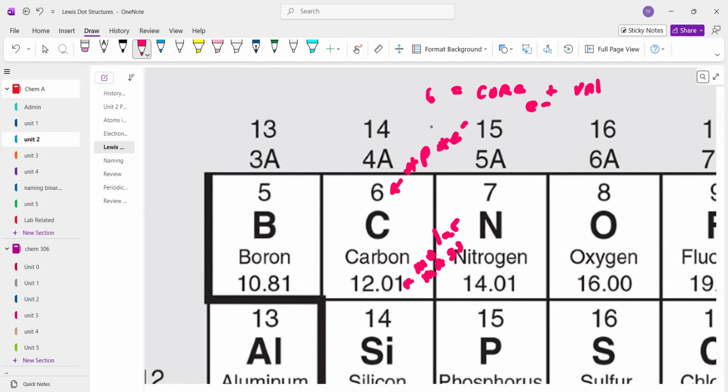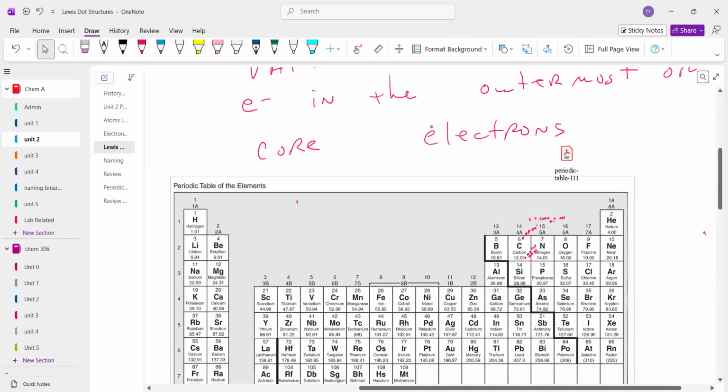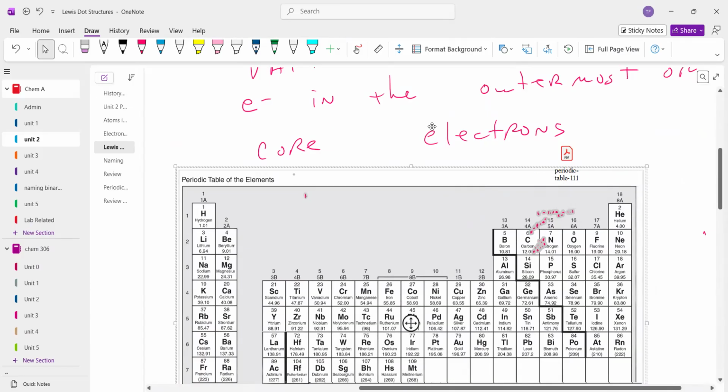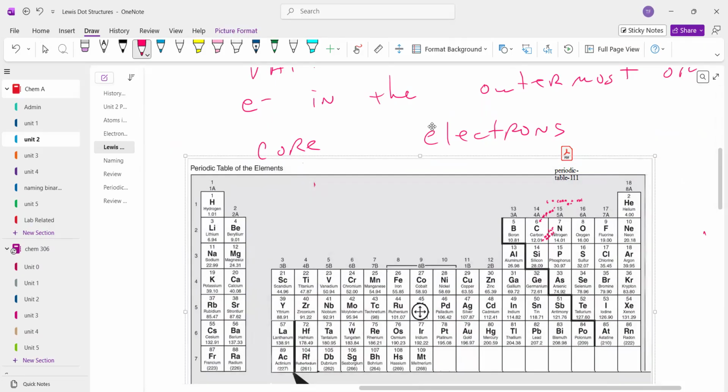So, how do you know how many valence electrons there are? You're going to be able to count. This is the hard part of this. Can you count to 92? Probably can. Okay, so this is the way you're going to count. You go from left to right. 1, 2, 3, 4.